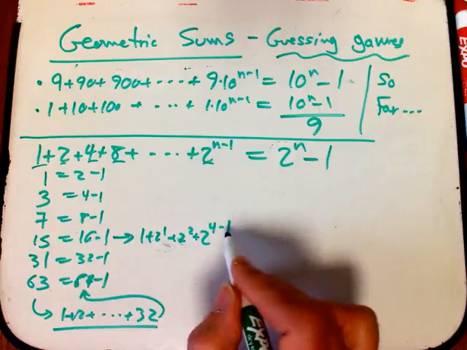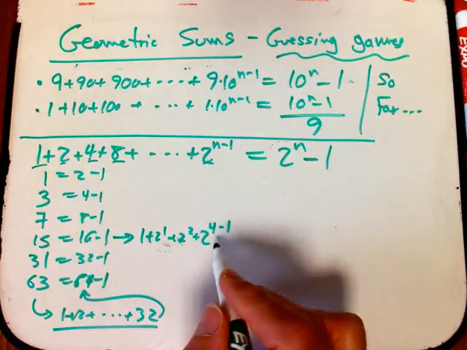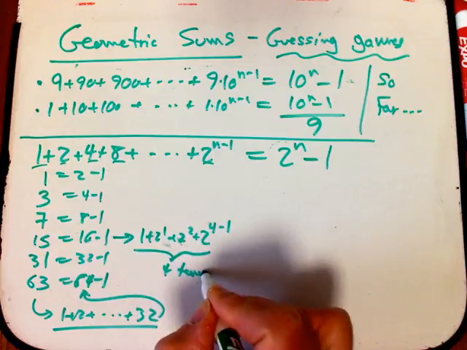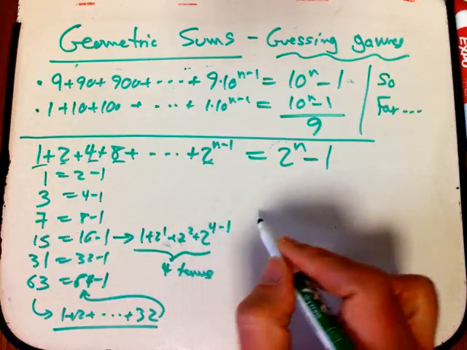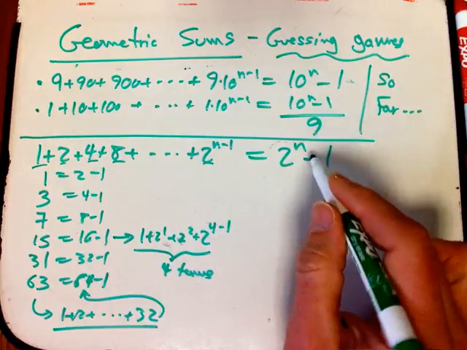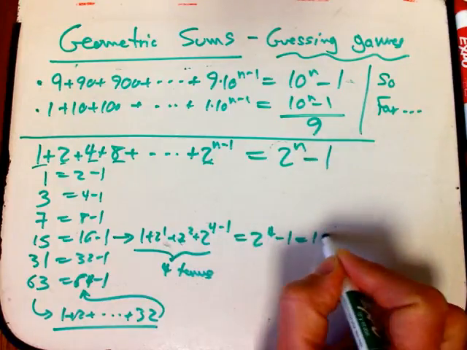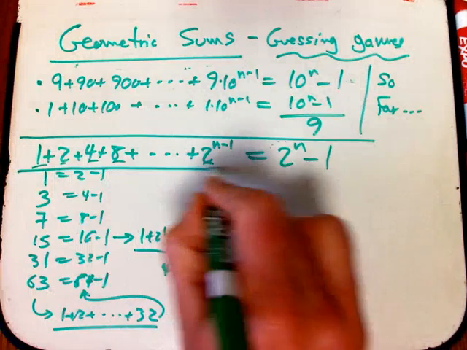I'm going to write that as 2 to the 4 minus 1 because that's such a standardized way to do it. Or another way to say it is it reminds us there are 4 terms. Any way you slice it, the number of terms or the next power, I kind of prefer the next power interpretation. That's what goes in here. That's 2 to the 4 minus 1. You get 15. So that's another really good example.